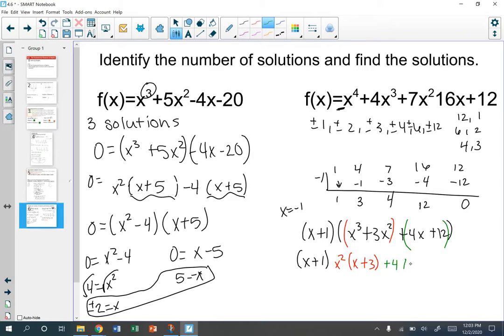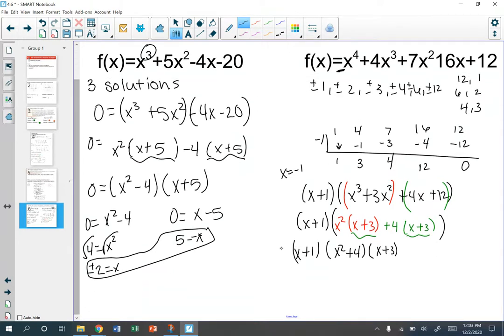And I'm left with, again, x plus 3, which is perfect. So now I have x plus 1, x squared plus 4, and x plus 3. So I want to solve. So I set all of that equal to 0, and I set each term equal to 0.